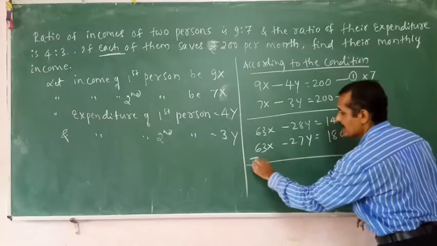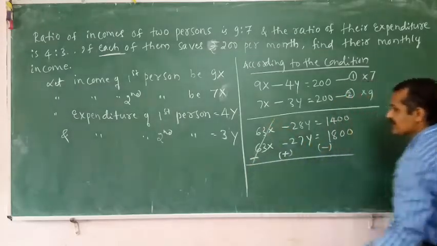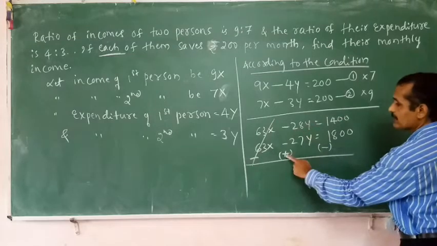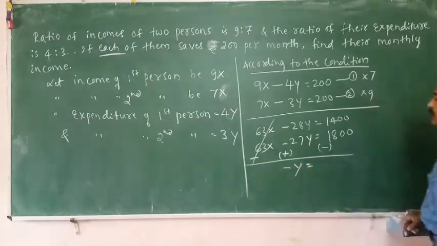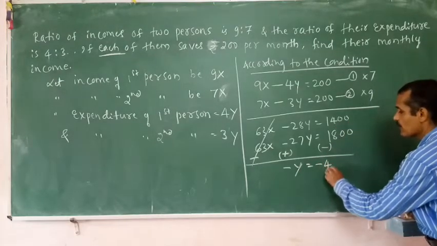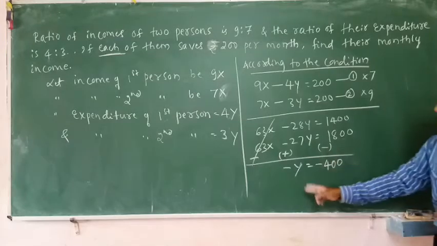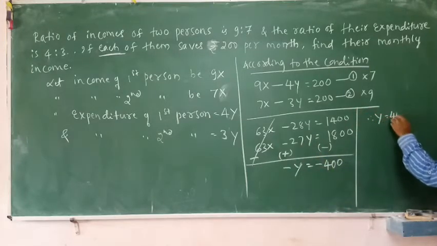This is minus, this is minus, 63x gets cancelled. Minus 28y plus 27y is equal to minus y is equal to 1400 minus 1800 is equal to minus 400. Both sides minus gets cancelled. Therefore y is equal to 400.